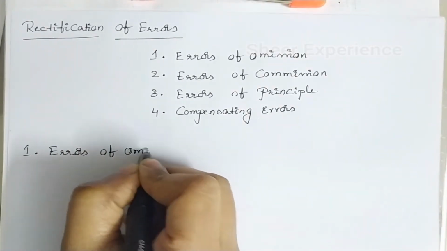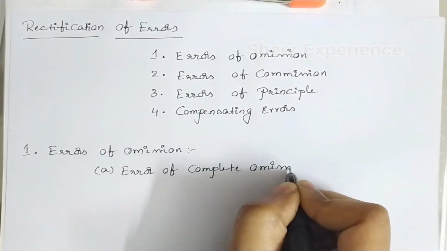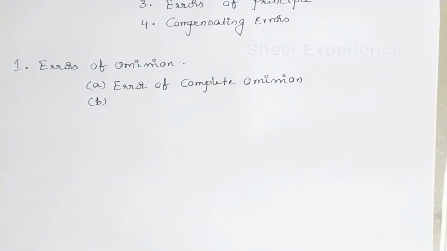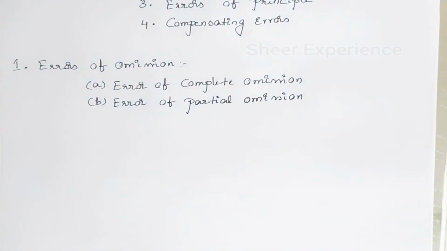First type is errors of omission. Errors of omission is further classified into 2 types, that is error of complete omission and error of partial omission. Error of complete omission means we have not entered the transaction in books of accounts at all. Means we have forgotten to enter the transaction in books of accounts.